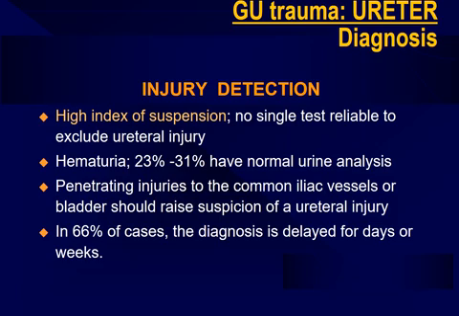In such cases, during exploration, we have to find out if there is any ureteral injury. In two-thirds of the cases with isolated ureteral injury, the diagnosis, as we said before, is delayed for a few days or even weeks until it shows up with symptoms.